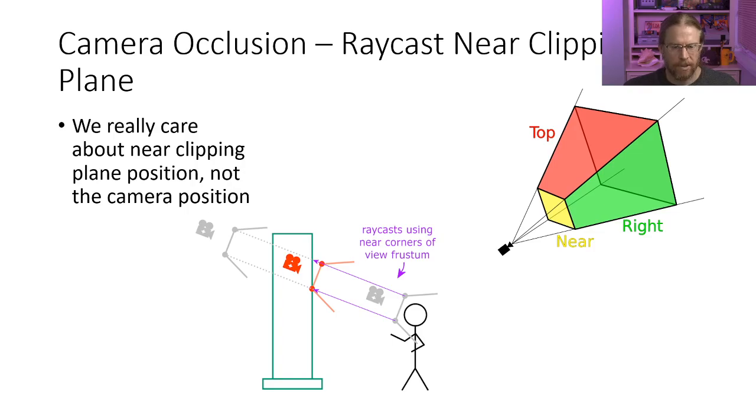The camera's position is actually meaningless because the way that an OpenGL style camera works is different than a real world pinhole camera. So in the real world, if you have a pinhole camera, you've got the little hole that all the light beams are being focused through. That's actually in front of the projection surface.